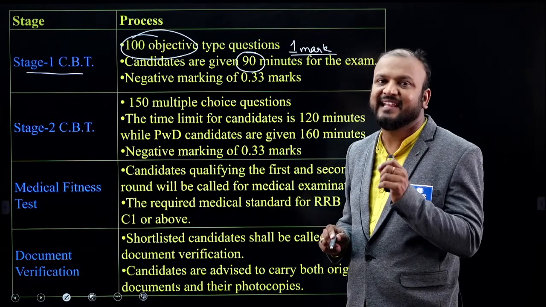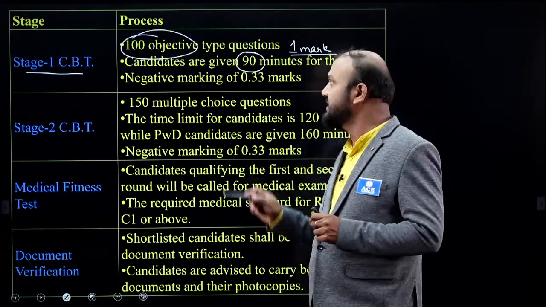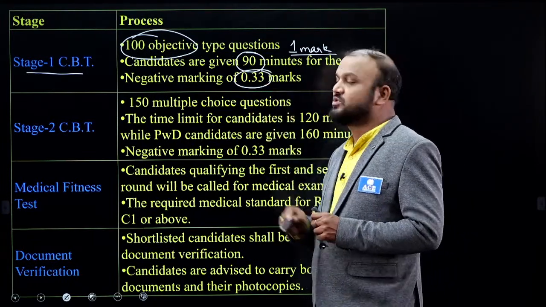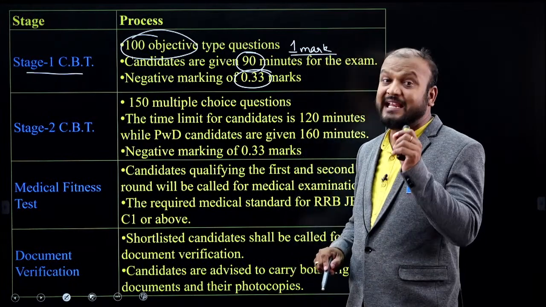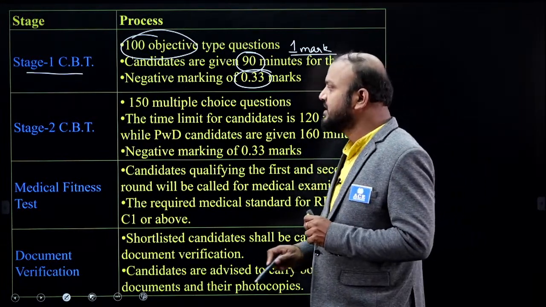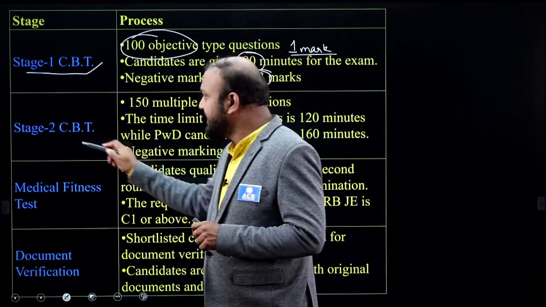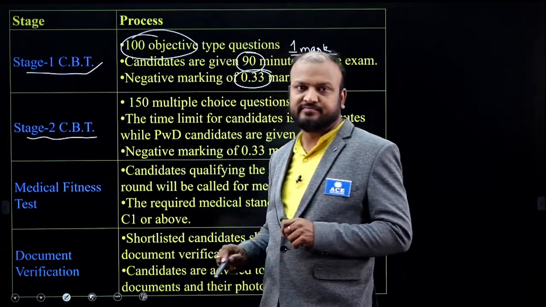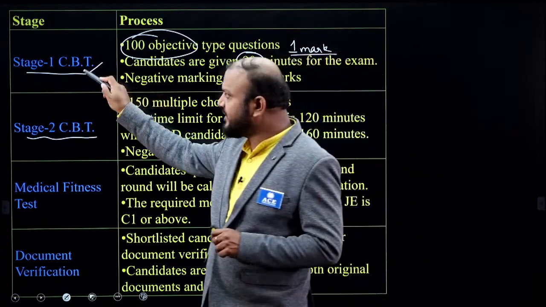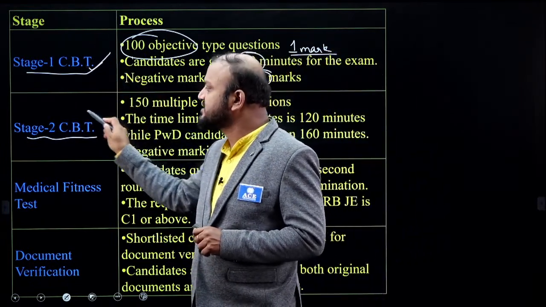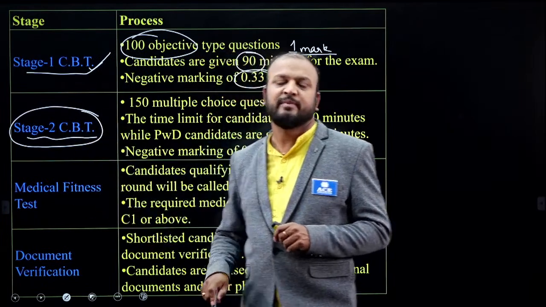That is 1/3 negative marking for each question. That is 0.33. So you must be careful because negative marking is there. And stage 1 is compulsory to calculate the score for stage 2. Means if you qualify for stage 1, then only you will be considered for the evaluation of the paper for stage 2.